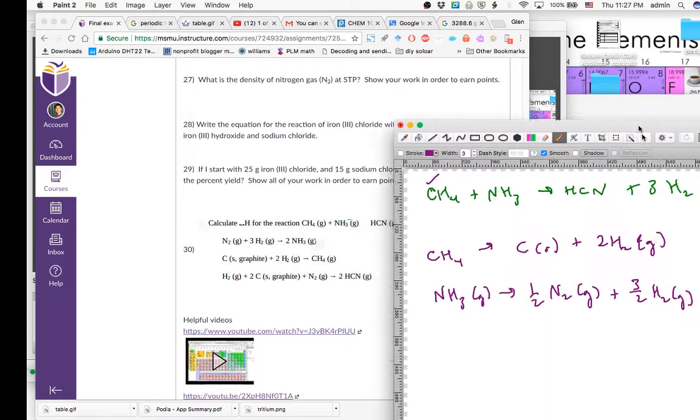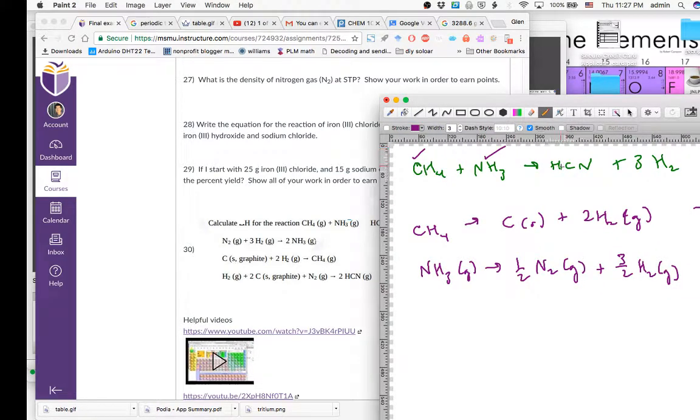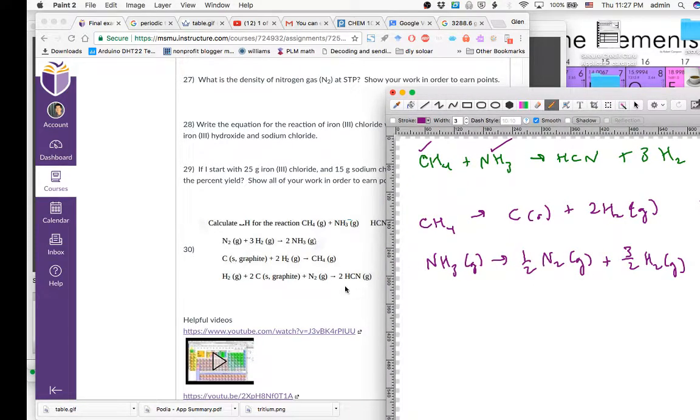Okay, so I've got the NH3. Now I need to make sure I have HCN in the products. Okay, HCN is right here. I only need one HCN, but there are two here, so I'm going to divide this whole thing by 2. I'm not going to flip it though, because this HCN is after the arrow, and my HCN is also after the arrow, although the arrow didn't show up here, sorry.